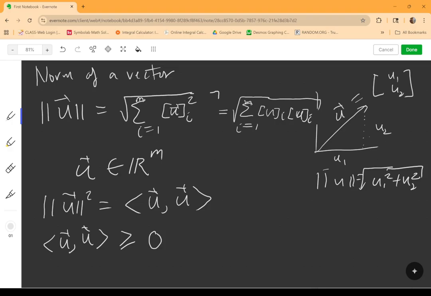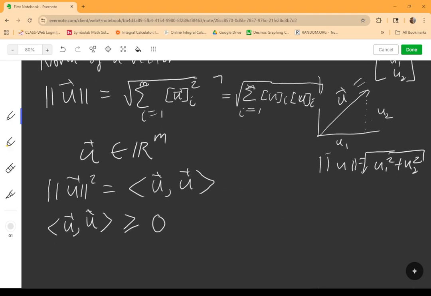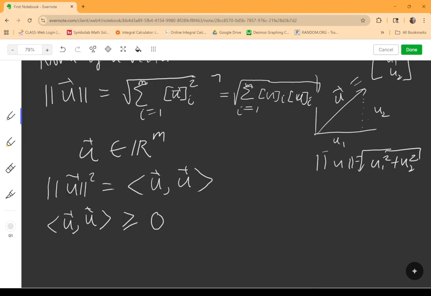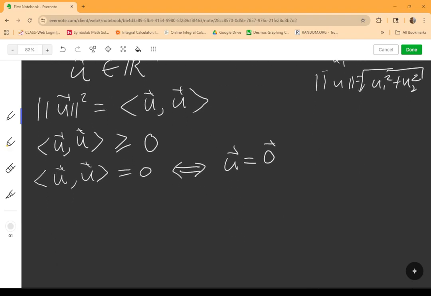When you multiply each component with itself, they're all positive; negative numbers get multiplied with themselves, so they go back to being positive. So it's greater than or equal to 0, and it's equal to 0 if and only if the vector u is the 0 vector. So the norm is well defined, and it's always a non-negative real number.